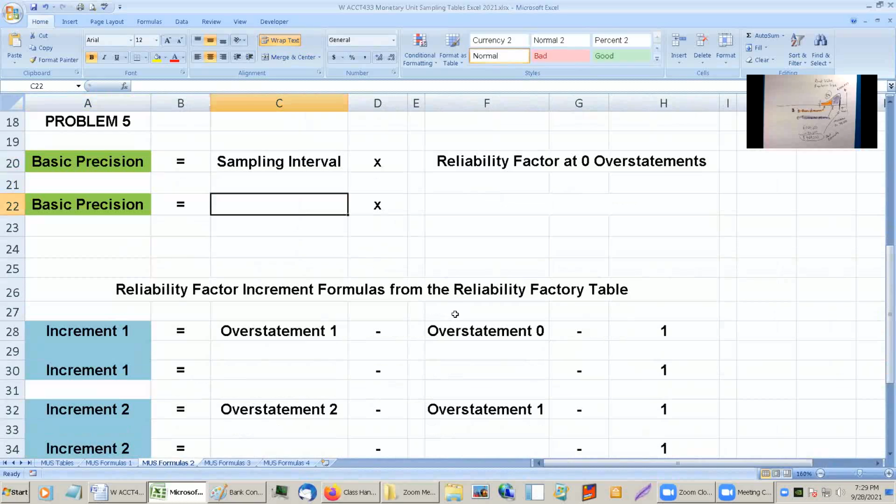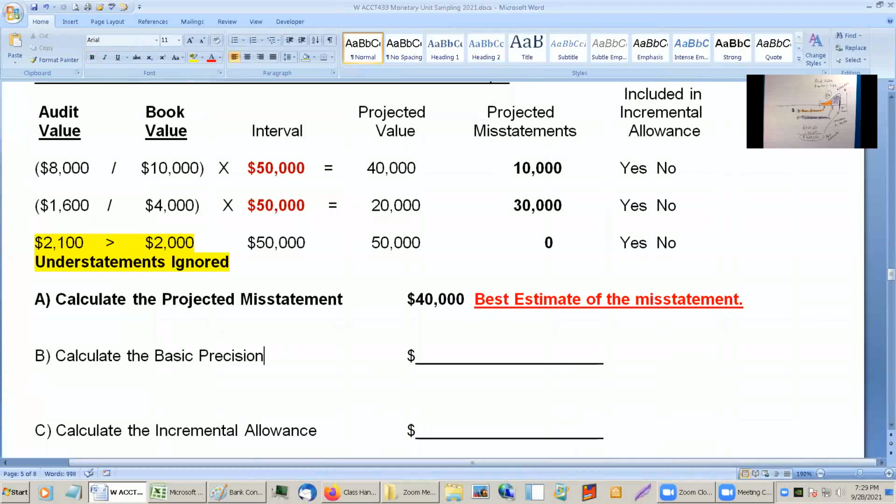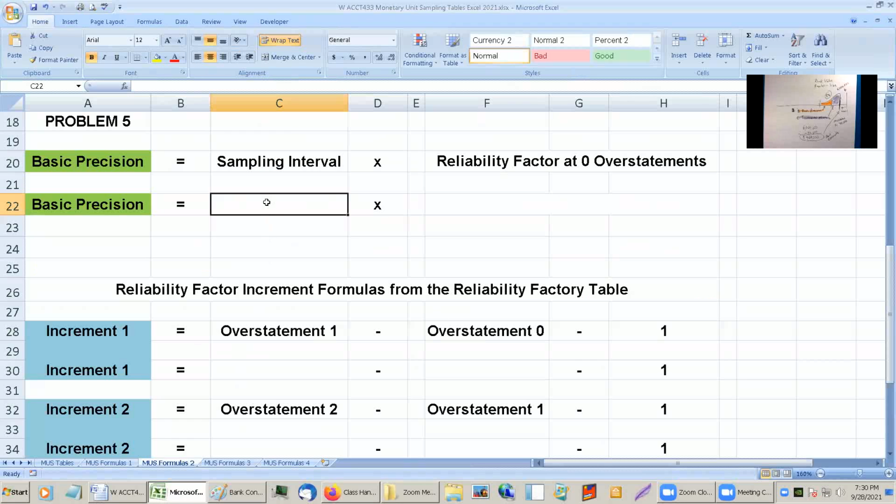Basic precision, you calculate that by the sampling interval. So what is our sampling interval? $50,000. Yep. So our sampling interval is 50,000.